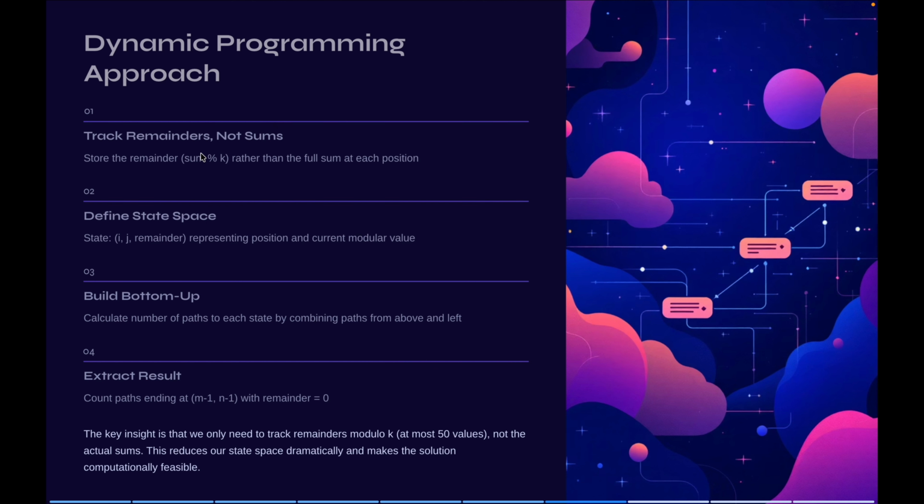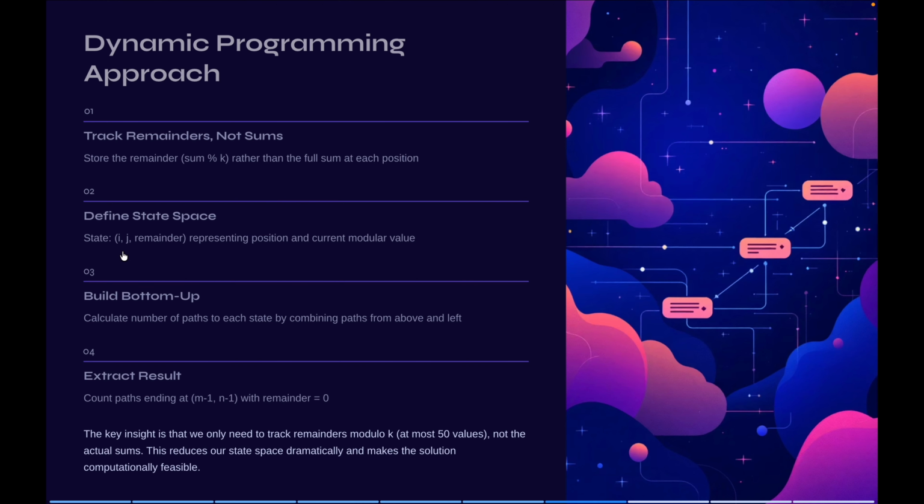So very first, what I told you, you need to track the remainder, not the sum, and to do that you have to store the sum modulo k, it will give you the remainder. So you don't need to find the sum, and you have to focus at each position on the remainder, not the sum. Then you will define the state. The state will take i and j and another is the remainder.